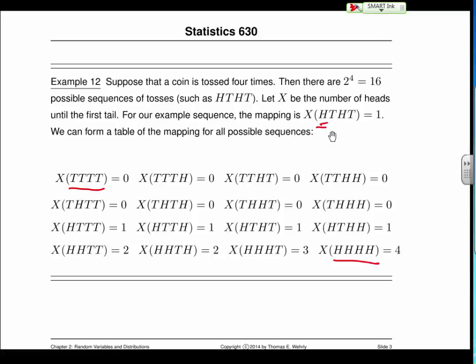Okay, now what we're going to be interested in is, well, what's the probability of observing a 1, or a 2, or a 0, or a 4? And what we'll do is make use of the fact that if we have a fair coin, we can get a probability for each of those sequences, and then we can add up those probabilities of all the sequences that give us a certain value of our random variable x.